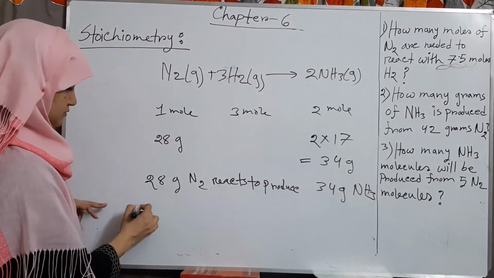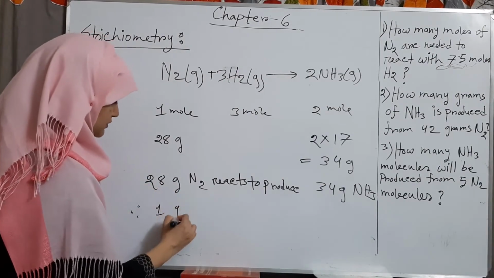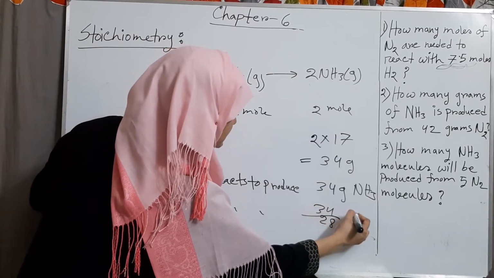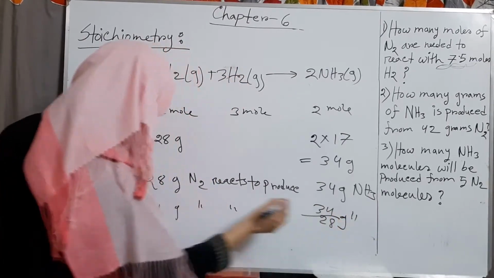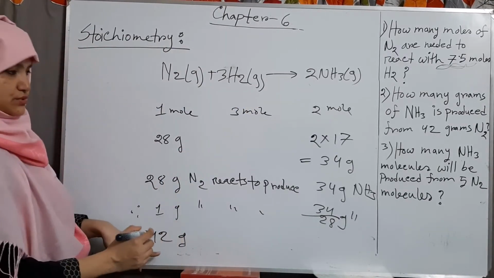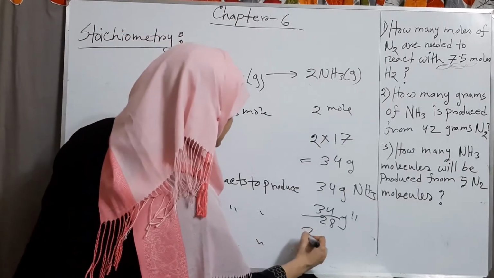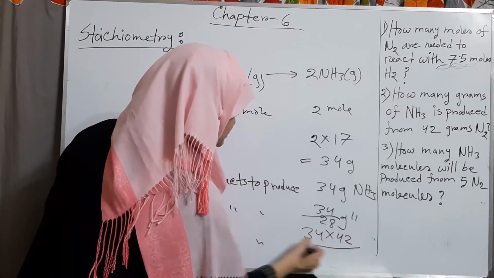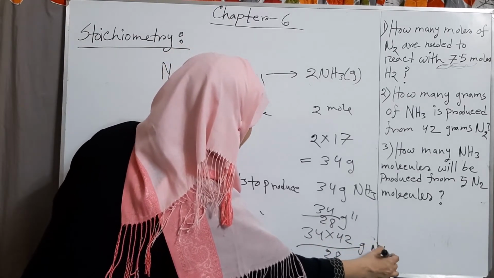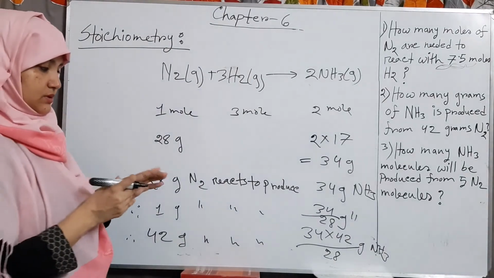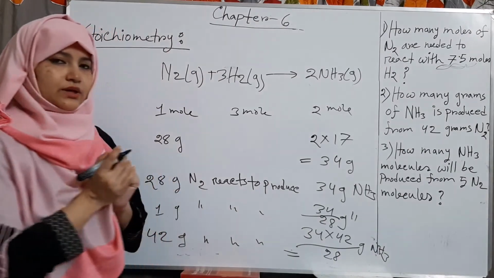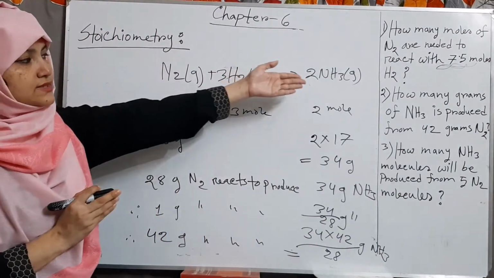So 1 gram produces 34 by 28 gram, and our given amount is 42 gram, which produces 34 into 42 by 28 gram ammonia. You have to calculate and put the answer here. This is our second problem.